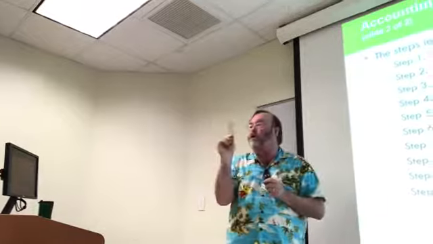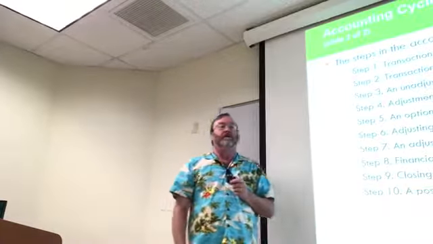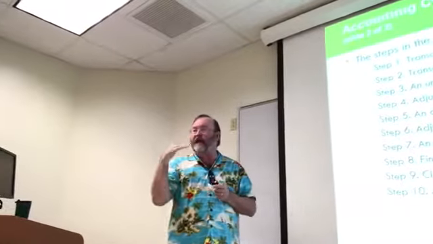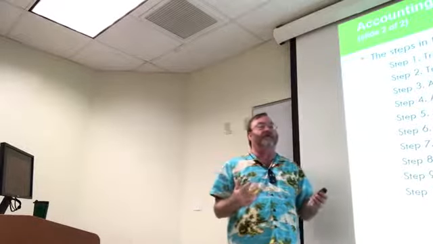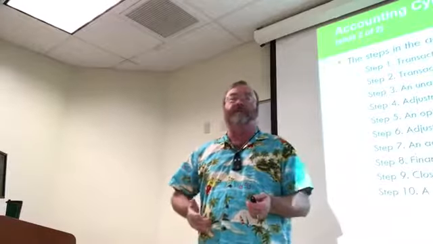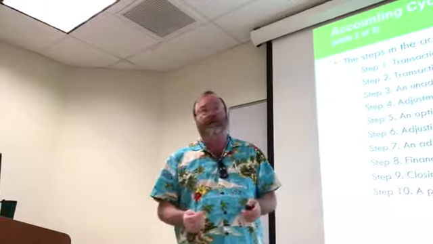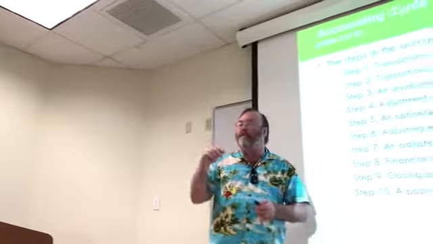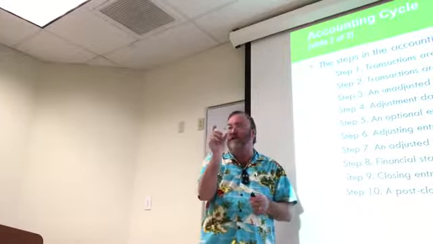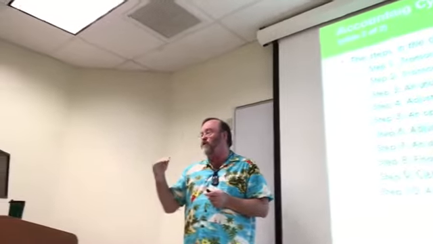We then record those in a general journal. So chronologically, as they occur, as we receive inventory, as we sell items, as we pay wages and salaries, we record them, and then we post those individual debits and credits to the individual account ledgers.